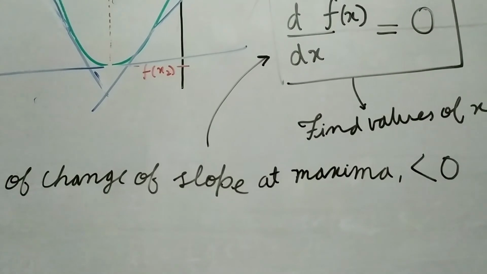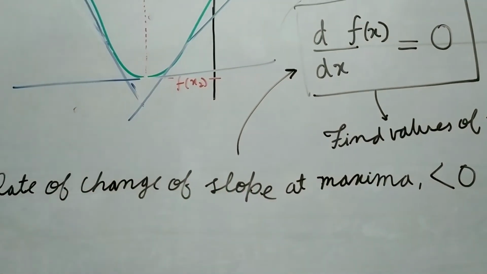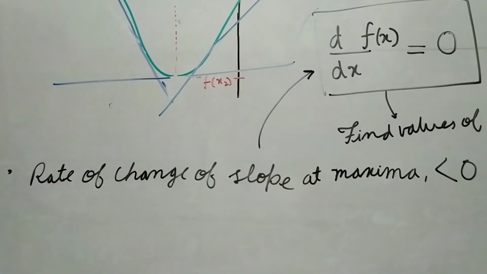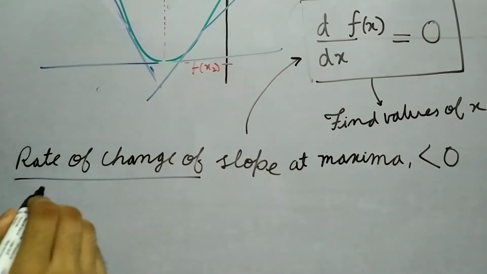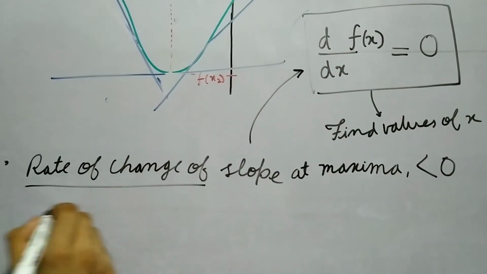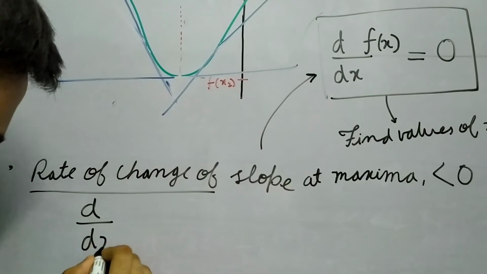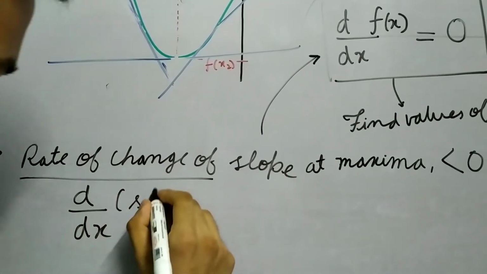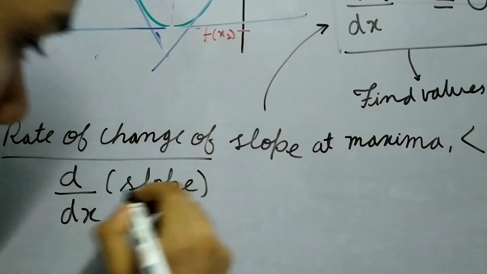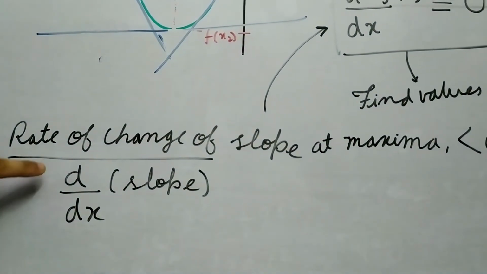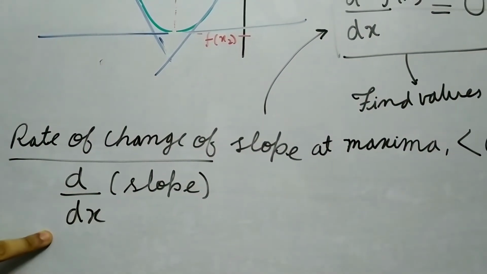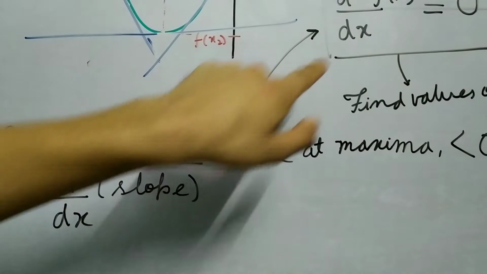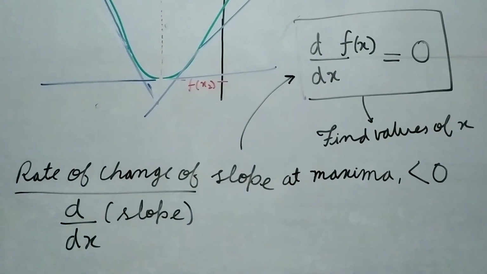Alright, and now from this we have a test. How? The rate of change of slope, which means the differentiation of your slope. So what is differentiation? It tells you how one quantity changes with respect to x. The slope is how your function changes with respect to x.